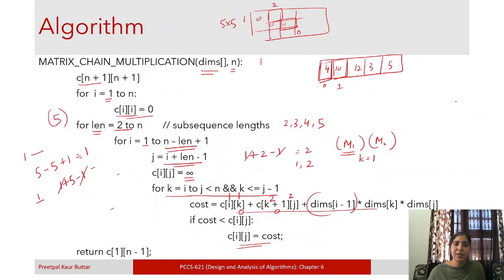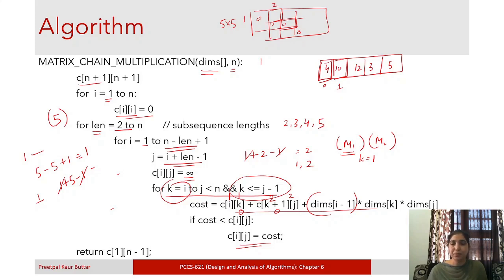So this is the algorithm, and for each value of i and j we are computing the cost by varying the value of k starting from i till j minus 1. Whenever we get a minimum cost, we are updating the cell i comma j.